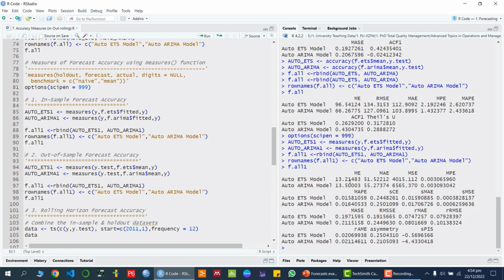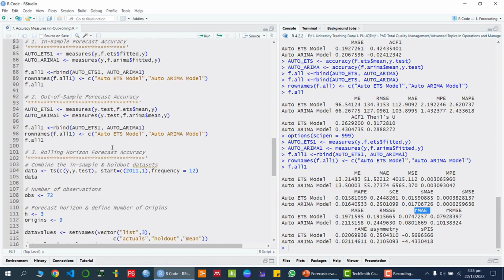Okay, so as you can see, using this function it is giving us more measures of accuracy: ME, MAE, MSE, MPE, MAPE, scaled mean absolute percentage error, scaled mean square error, mean absolute scaled error, root mean absolute error, and so on.